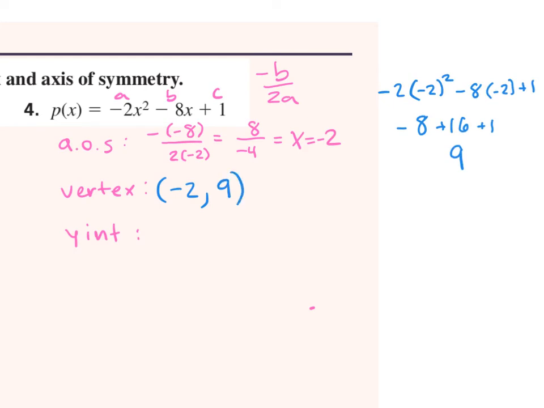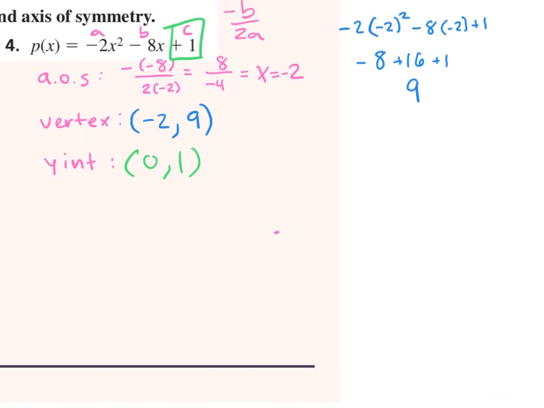And then what is our y-intercept? 1. We get it from our c, so it's going to be 0, 1. Now we can graph. So first thing we're going to do is graph our vertex.